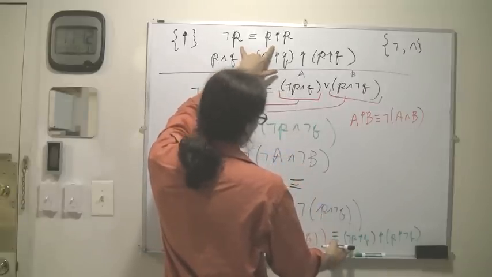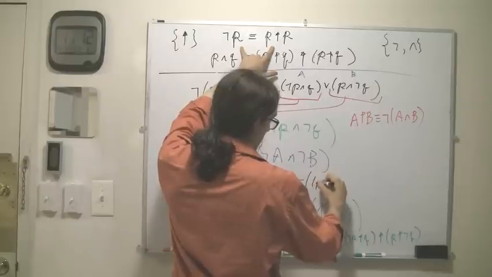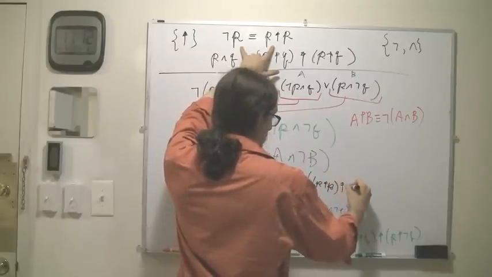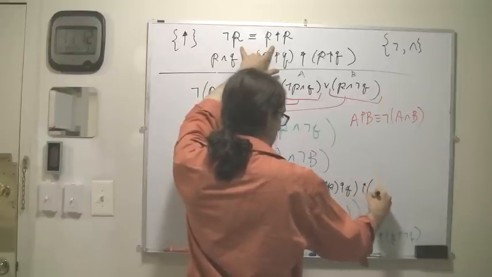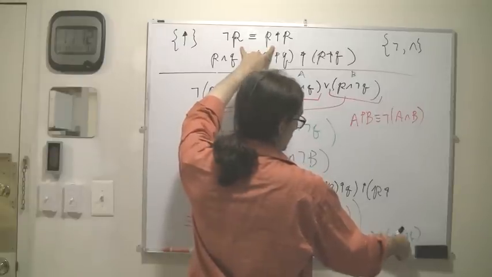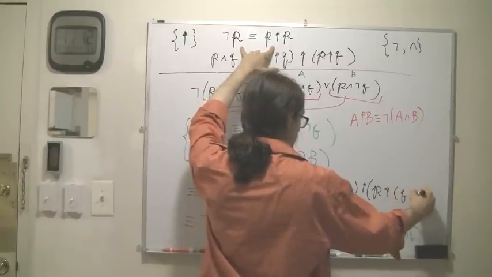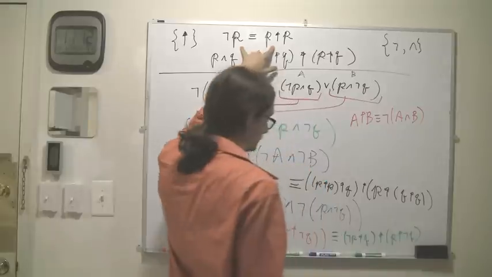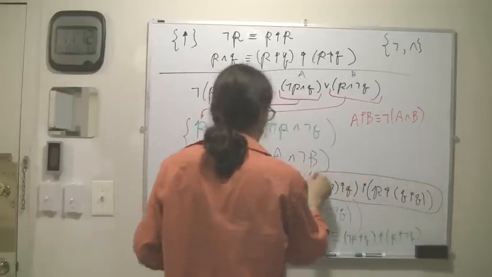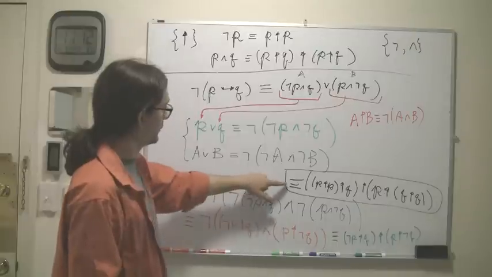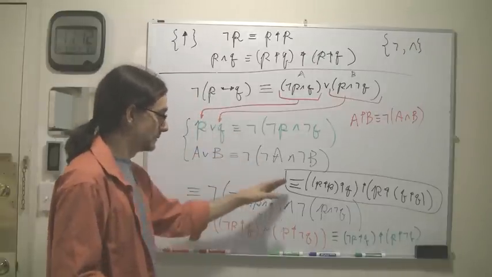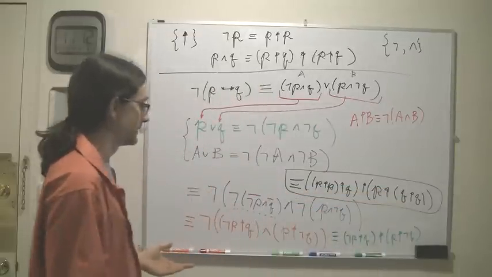Not P is equal to P NAND P. So we write P NAND P instead of not P. This thing NAND Q. This whole thing NAND what? P NAND not Q. What is not Q? Not Q is Q NAND Q. And you're done. So this expression here, this final one, is exactly equivalent to the original one, but using only NANDs. Right? The whole thing here is using only NANDs.